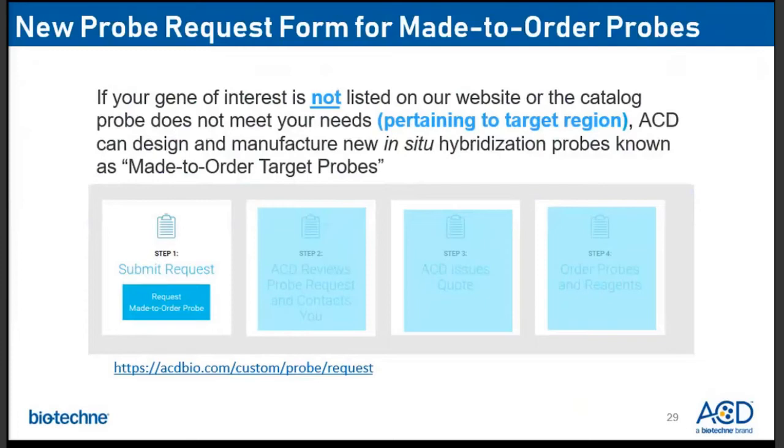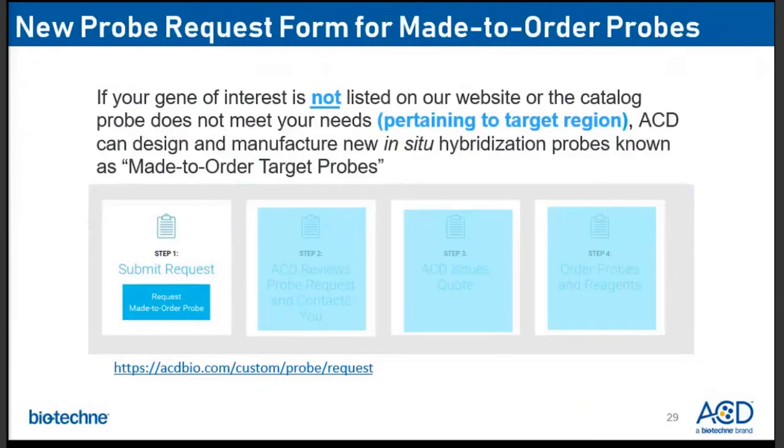With all that said, if you have a chance, look through our catalog first to determine if any of those probes meet your needs, because we want to make sure we have something to meet your experimental needs to begin with. But if we don't, we can start you in the process of the new probe request.